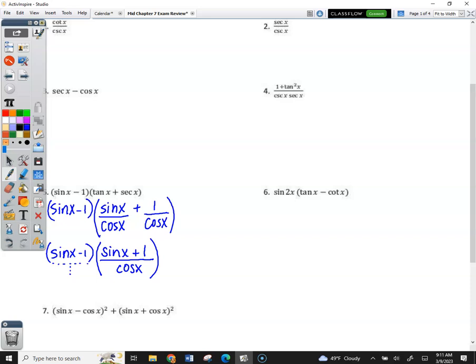Now looking across the top, look right here. You've got sine x minus 1 times sine x plus 1. It's hard to see when it's in trig form. So change that. I'm going to draw a little arrow to say that's the equivalent of y minus 1 times y plus 1. Right? Remember what that's called?